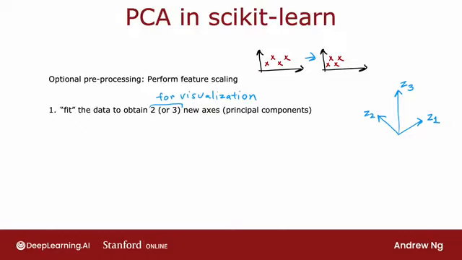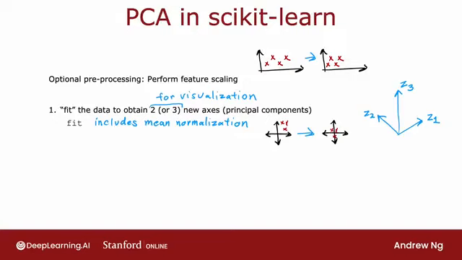It's just that it'd then be harder to visualize. And in scikit-learn, you would use the fit function or the fit method in order to do this. The fit function in PCA automatically carries out mean normalization. It subtracts out the mean of each feature. And so you don't need to separately perform mean normalization.